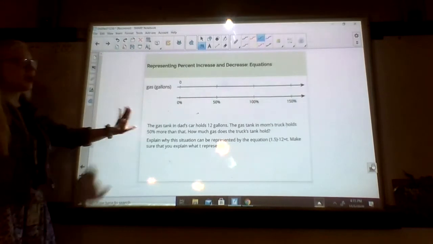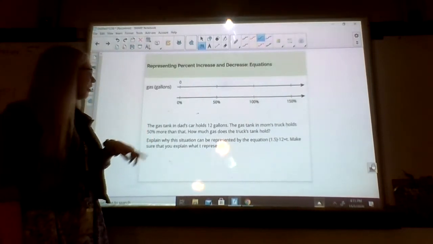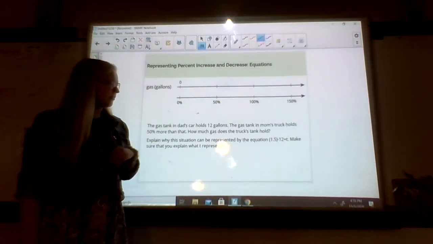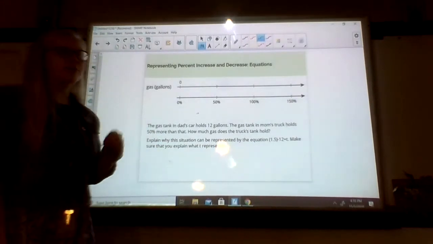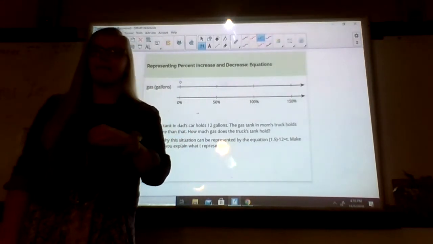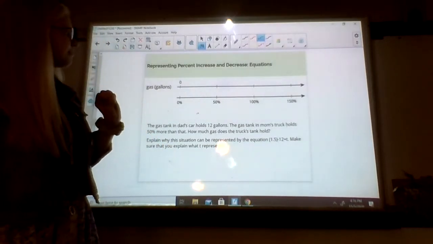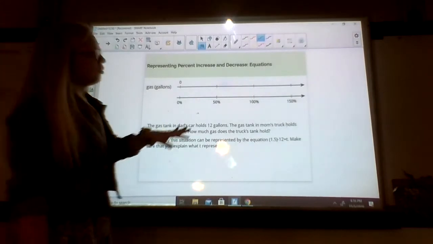Okay, we talked about this yesterday when we were actually together. So the gas tank in Dad's car holds 12 gallons. The gas tank in Mom's truck holds 50% more. 50% more means we're increasing by 50%. How much gas does the truck's tank hold? Well, we solved this yesterday.